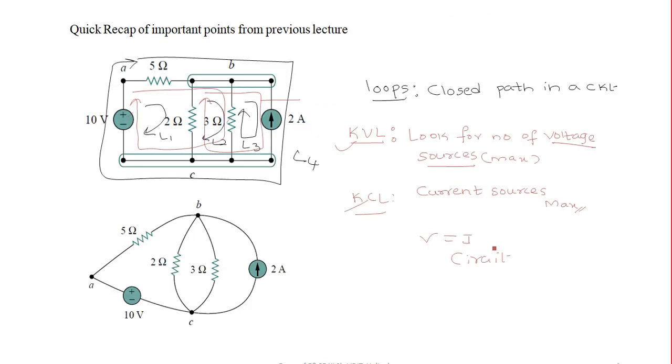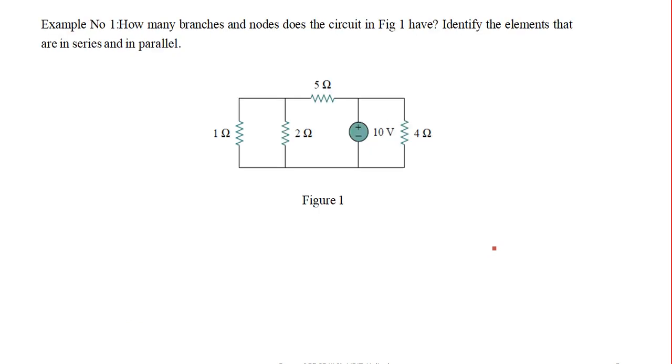It is almost the same as this circuit itself. By this time you should be able to tell how many nodes and how many branches we can have. Here, the first thing is you need to mark the common points. Here we have these common points.